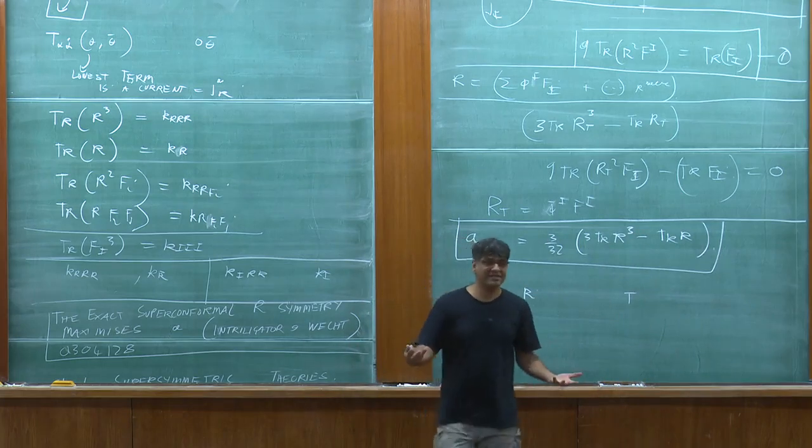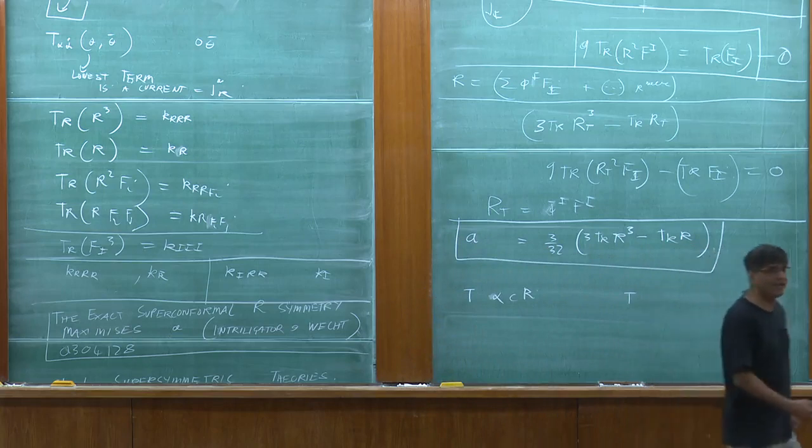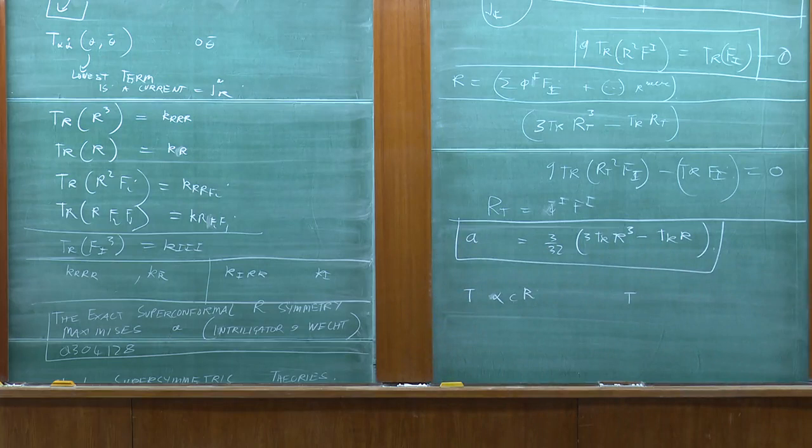In a four-dimensional CFT, it should be proportional to some scalar of dimension 4. Each Riemann tensor is dimension 2, so what you want on the right-hand side is something built out of two Riemann tensors.